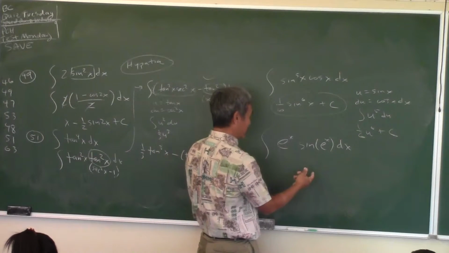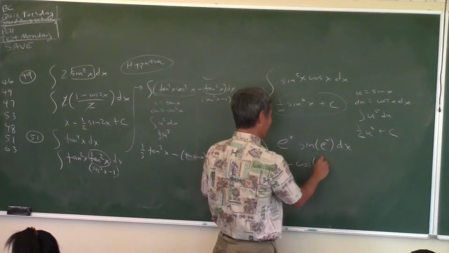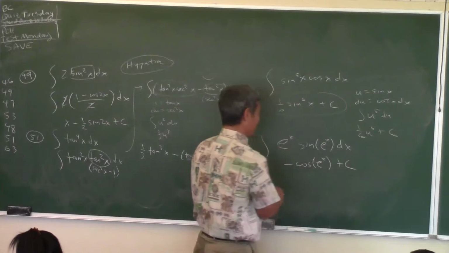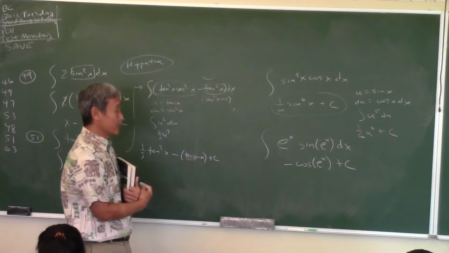You just look at it and go, oh, negative cosine e to the x plus c. Do you see why though?